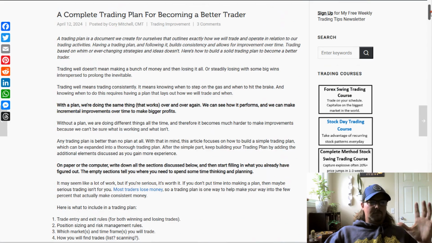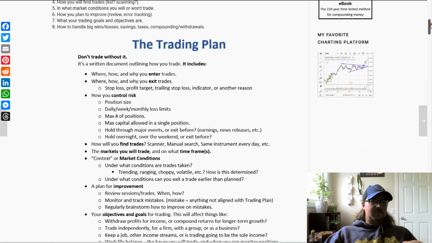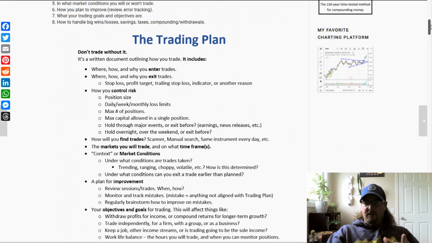So add it into your trading plan document, whether it's on your computer or you have it written down, and continually update that plan. But again, we don't want to be updating it under the duress or the influence of current trades. Try to really backtest and do some thinking about what's best for your trading plan, not just maybe the particular trade, but overall results, and then update your trading plan accordingly.